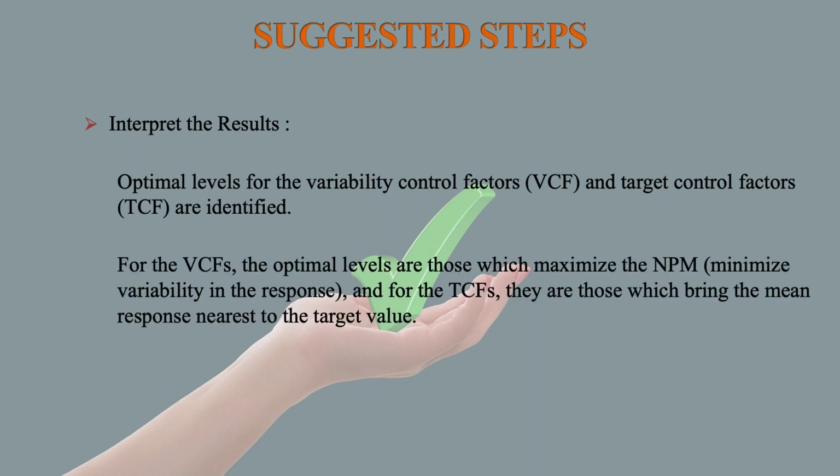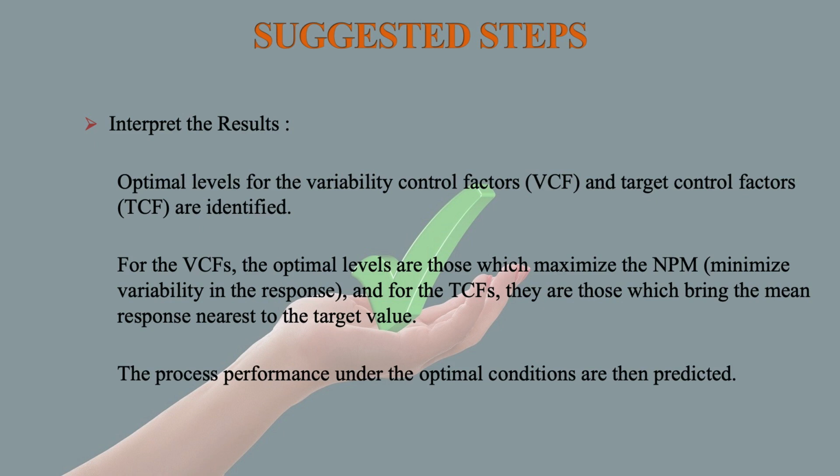For the VCF, the optimal levels are those which maximize the NPM and minimize the variability in the response, and for the TCF, they are those which bring the mean response nearest to the target value. The process performance under the optimal conditions is then predicted.